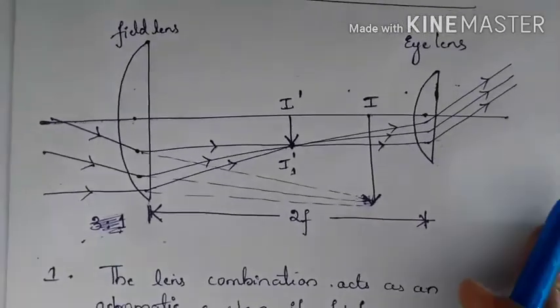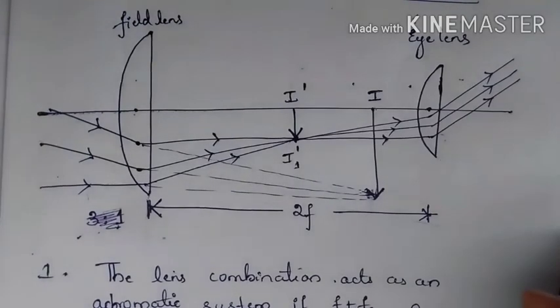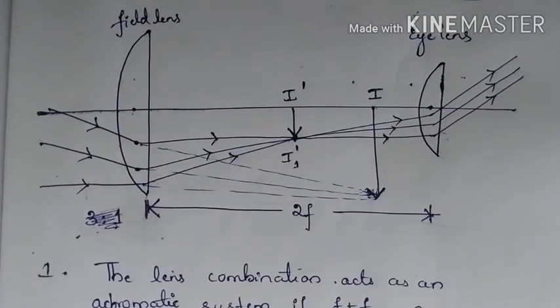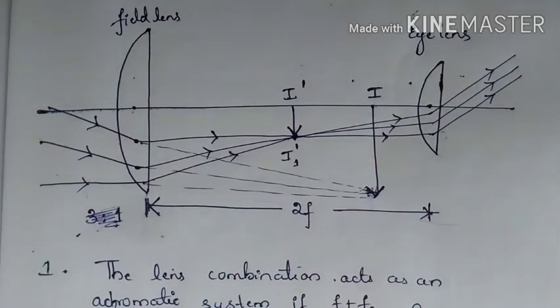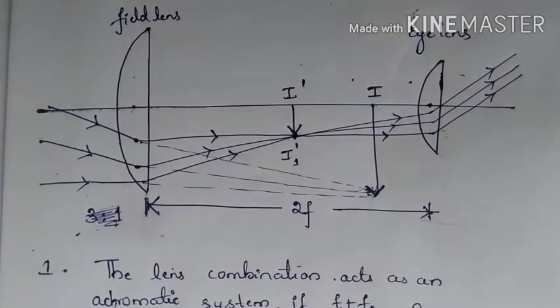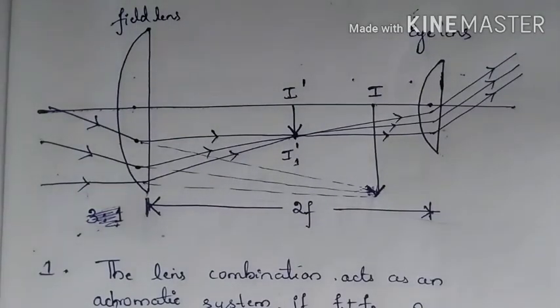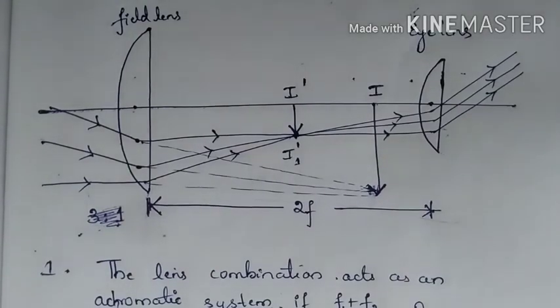So this will eliminate the chromatic and the spherical aberration. The conditions to eliminate the spherical aberration and the chromatic aberration we have learned in our previous lecture, and now we have to check whether the system satisfies that condition or not, or whether the system minimizes the chromatic aberration and the spherical aberration or not.